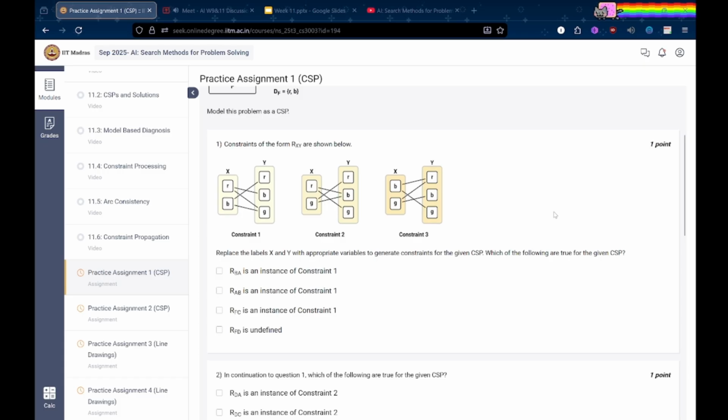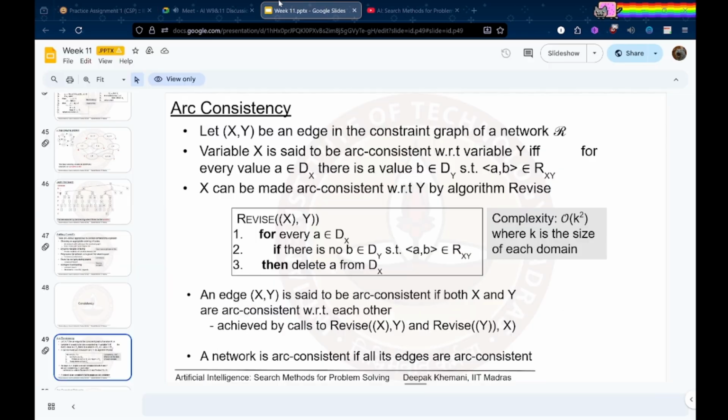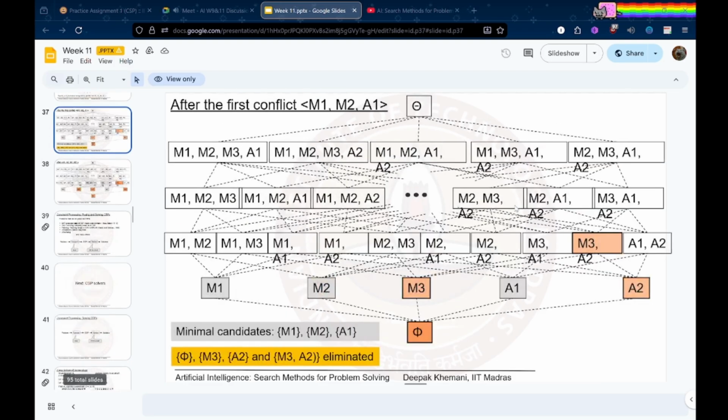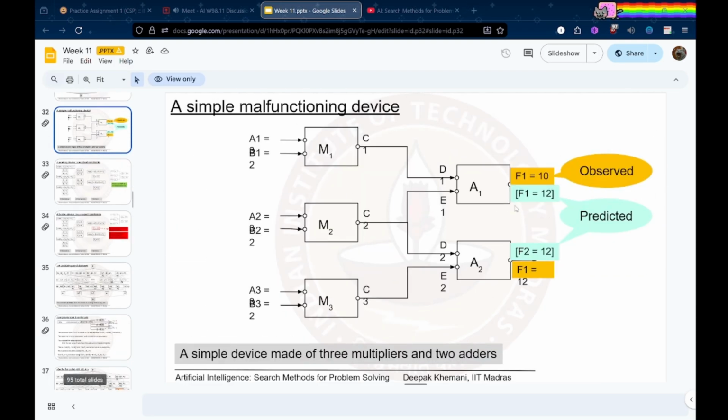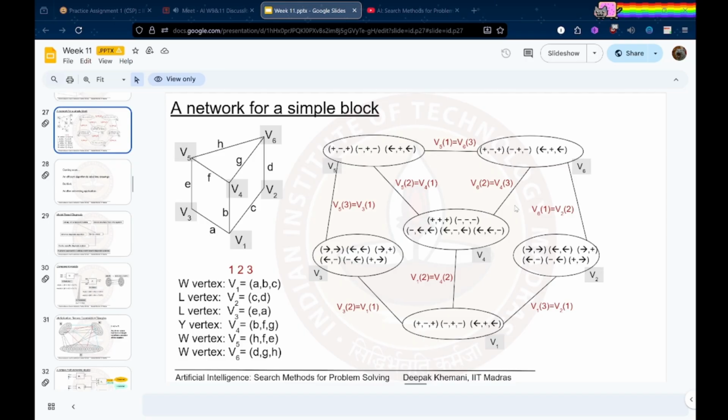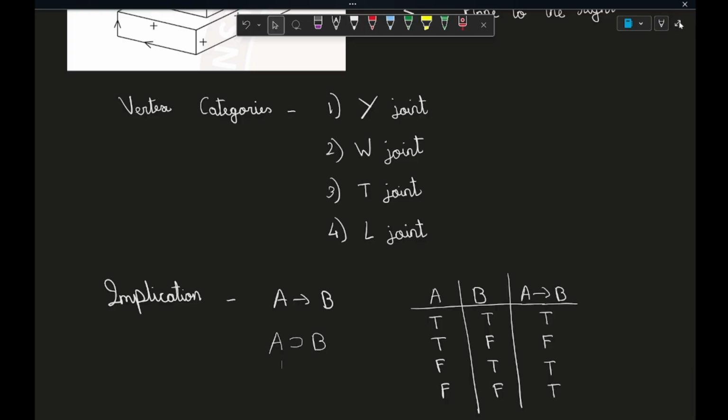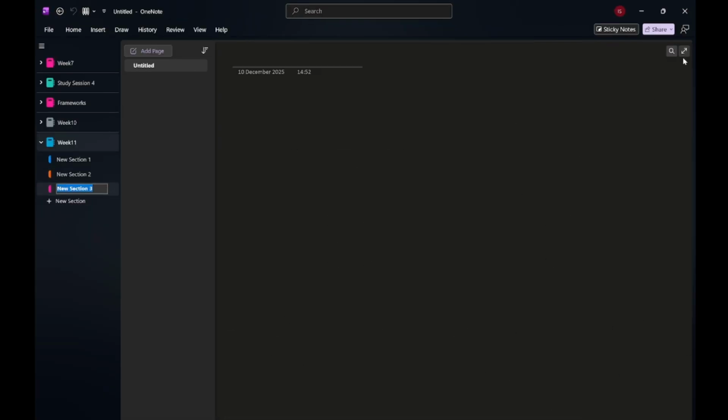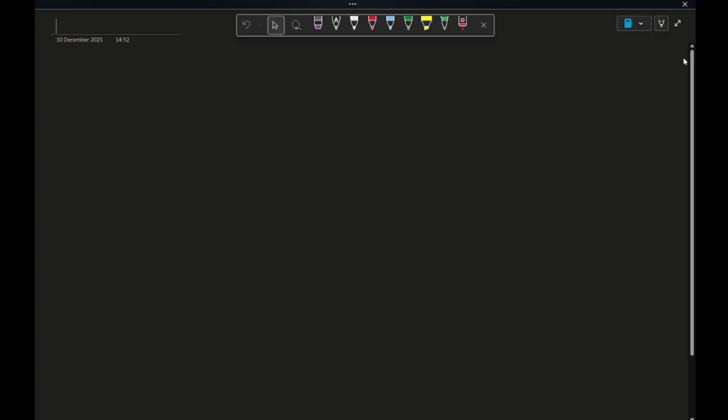Okay, so when we say that we need to model something as a CSP, do we need to write the three things in the tuple, X, D, and R? I think it was R. Let me check the notes.